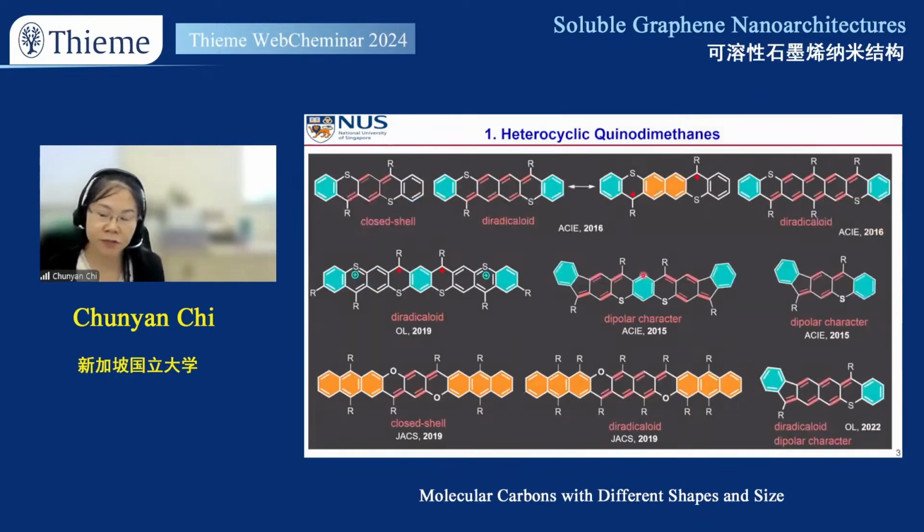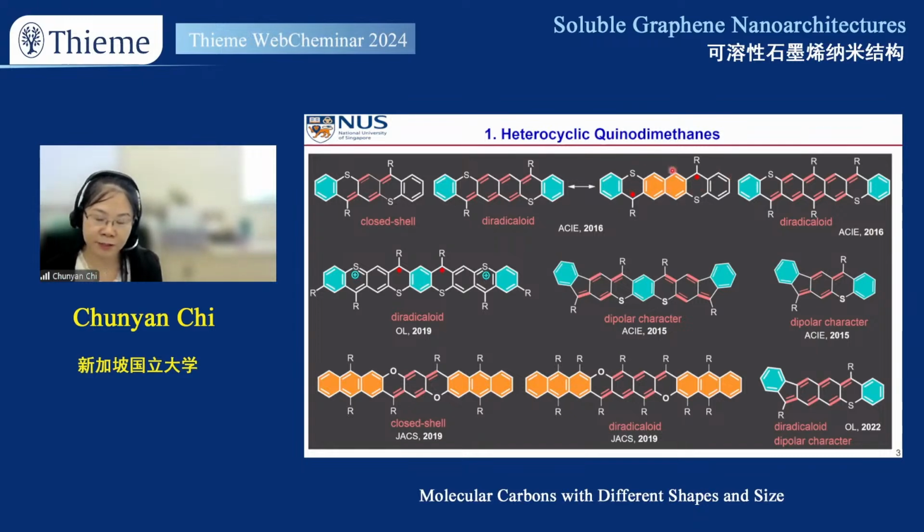The first type of structures I will introduce are the heterocyclic dimers. As I mentioned, we introduced sulfur atoms and oxygen atoms into the framework. Then we made sulfur and oxygen heterocyclic dimers. When the central quinodal unit is long, the molecules show an open shell diradical ground state.